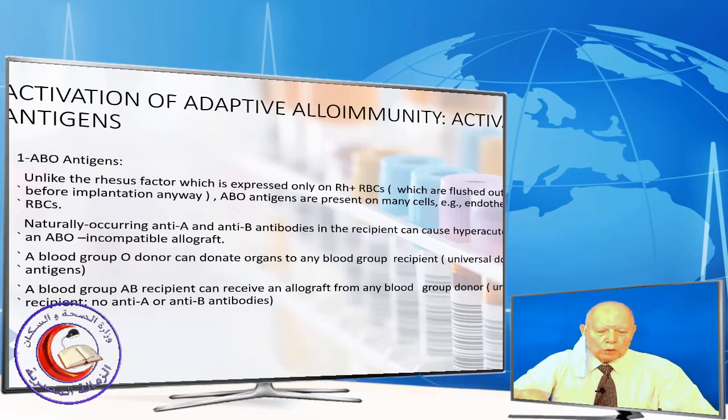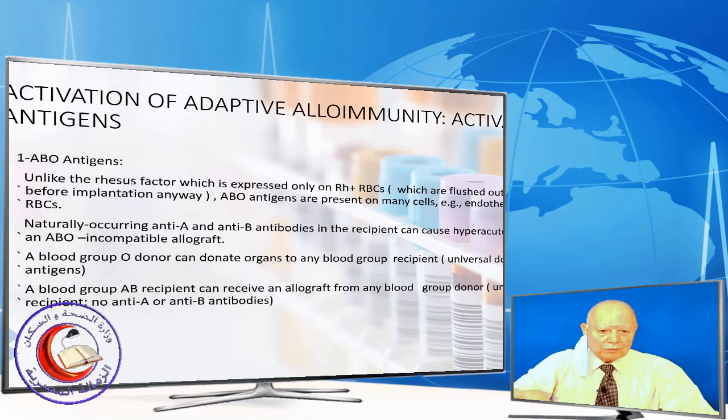A blood group O donor can donate organs to any blood group recipient. This is the universal donor, just as in blood transfusion, because a blood group O donor does not have A or B antigens. So natural anti-A or anti-B antibodies in the recipient will not meet the corresponding antigen, will not engage it, and will not be stimulated to start an immune response.